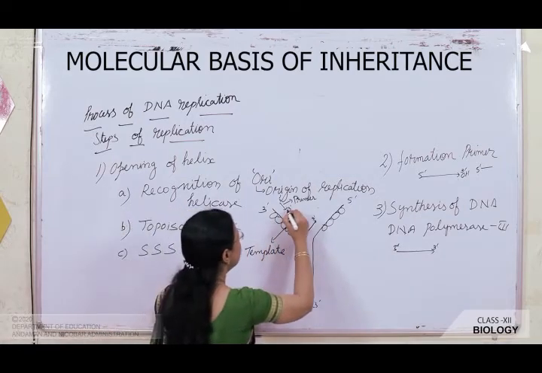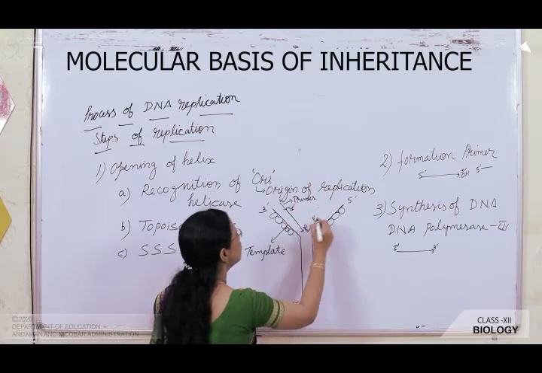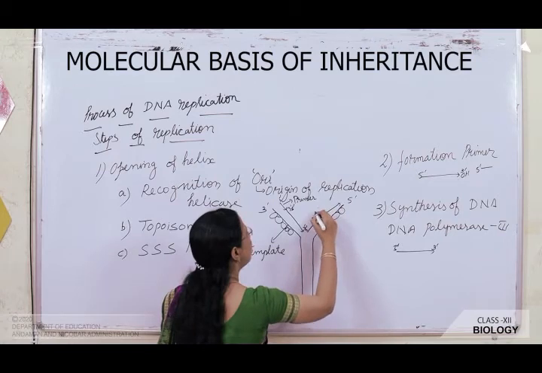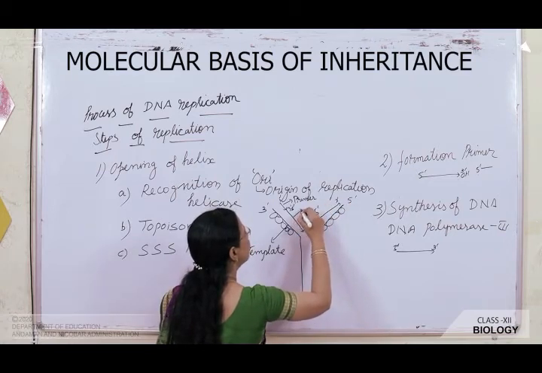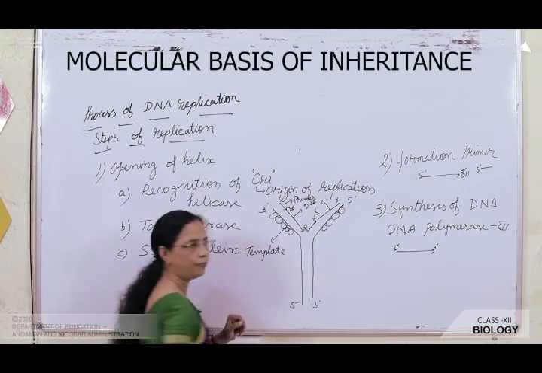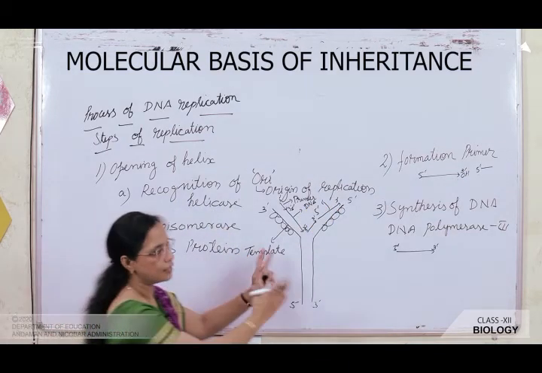So here it will form a continuous strand, that is 5' and 3'. Here it forms a strand, that is 5', 3'. These are new DNAs. So this DNA is formed.